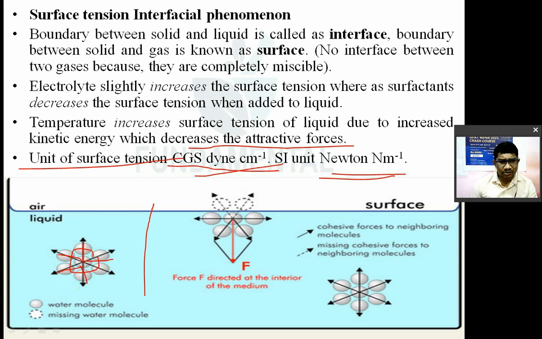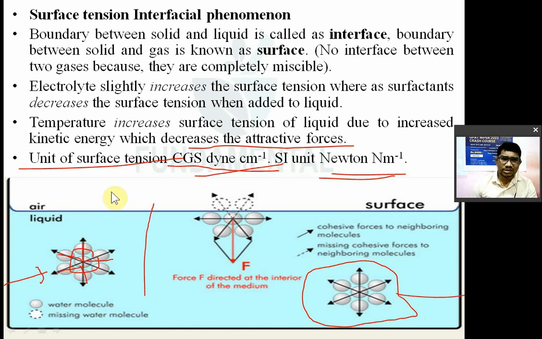This is known as a water molecule in the bulk, so it will experience attractive forces from all sides, from nearby molecules. Again, you can consider this molecule. This is also a water molecule in the bulk of water, so it will also experience similar forces, equal from all directions.